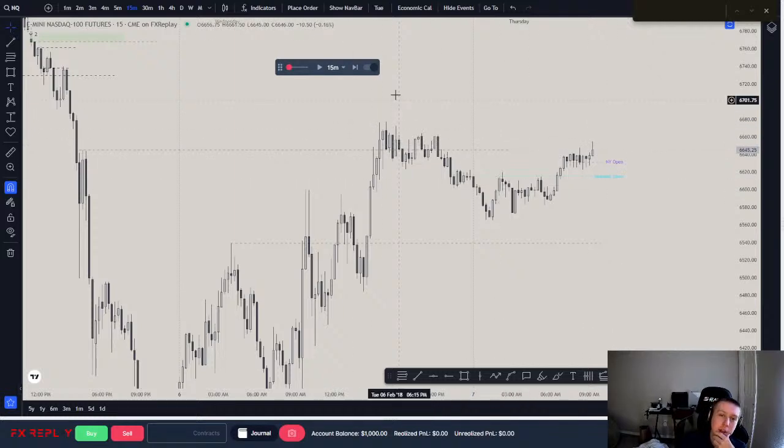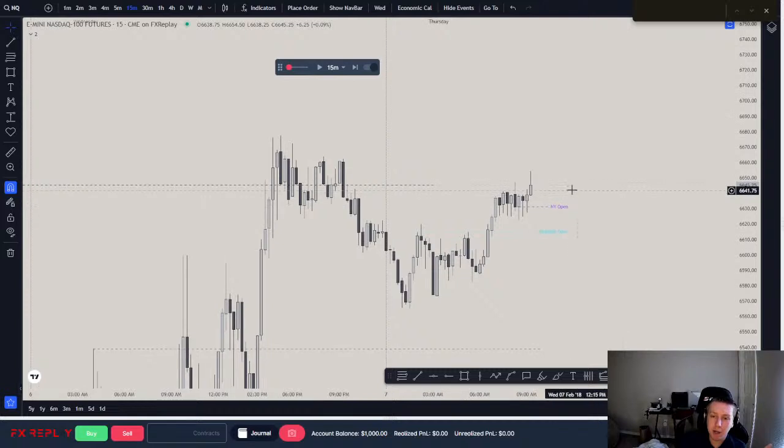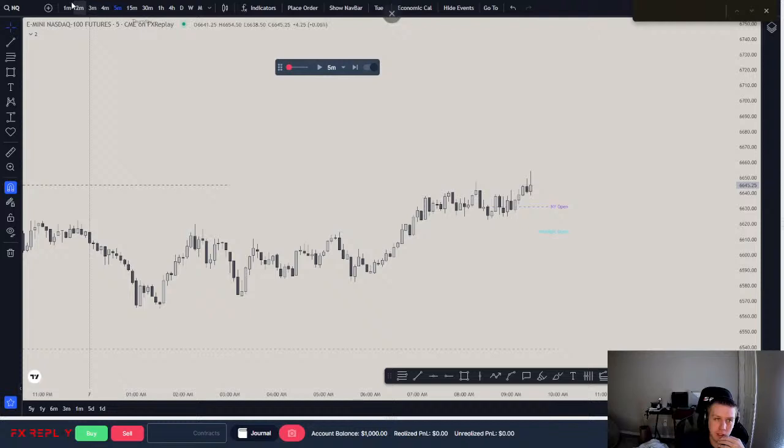I want to see either one of these sides get taken first. I think we're going to have expansion because we don't have a PDA to really bounce off here. I mean, we kind of have this consolidation, so I would expect to see expansion here at this open.